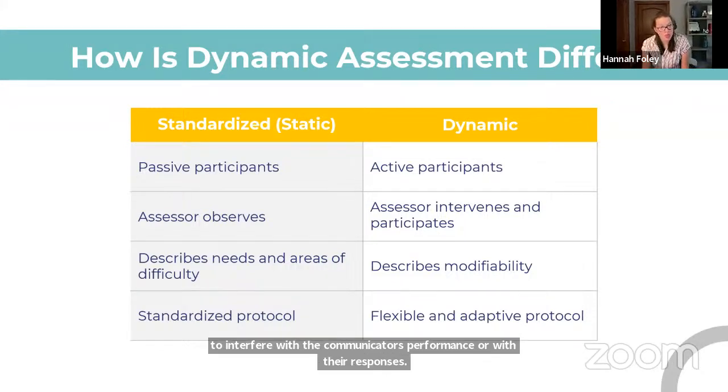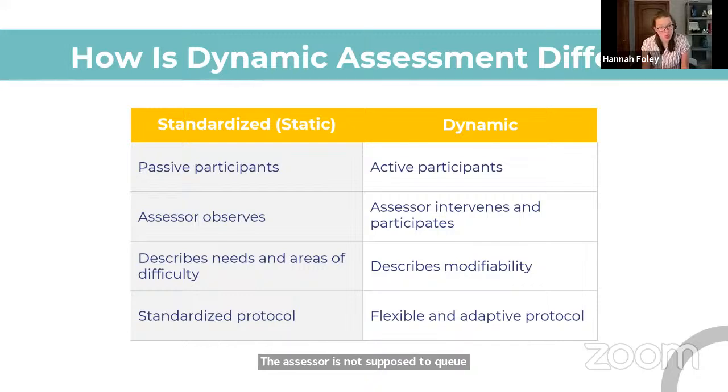The assessor is not supposed to cue them, so the assessor has a very neutral stance on what they're doing. The assessor's role is to really observe what the communicator can do relatively independently. Standardized assessments are also used to describe needs and areas of difficulty for the communicator. They are administered in a standardized way so that the assessor gives the test the same way every time they give it to a different communicator.